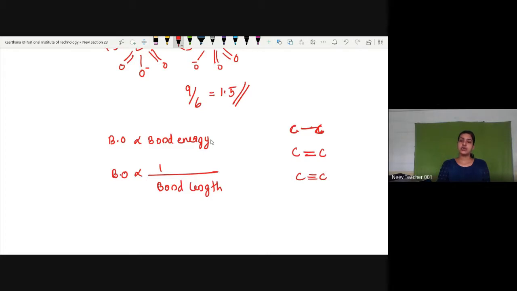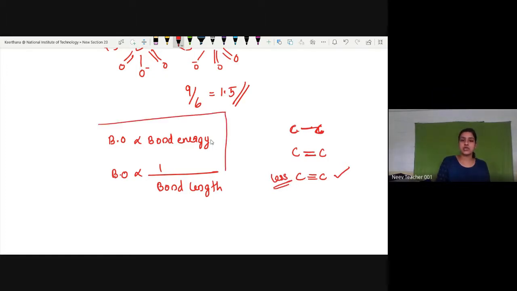The energy needed to break the triple bond will be higher, because there are 3 bonds. If the bond order is higher, the energy needed to break that bond is also higher, so bond order is directly proportional to bond energy. And the bond length is less for a triple bond, so bond order is inversely proportional to bond length.